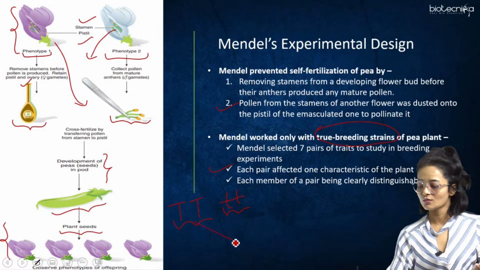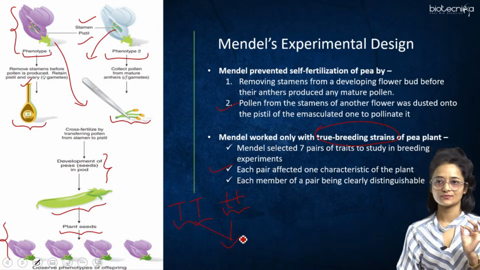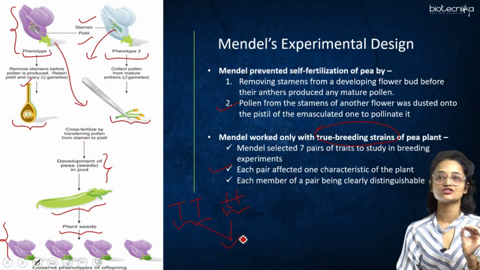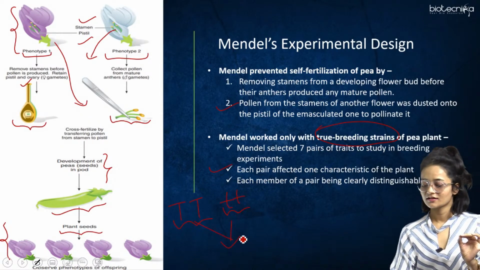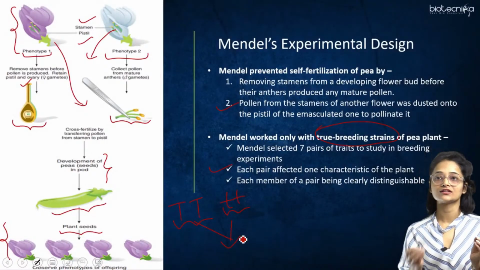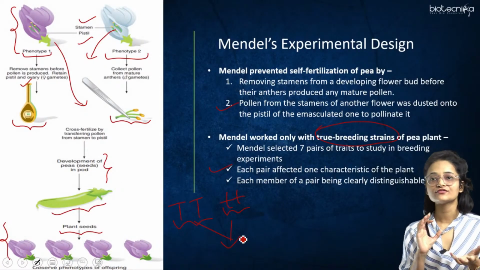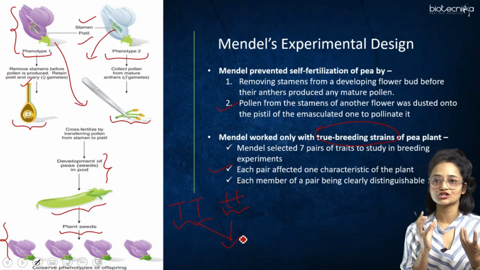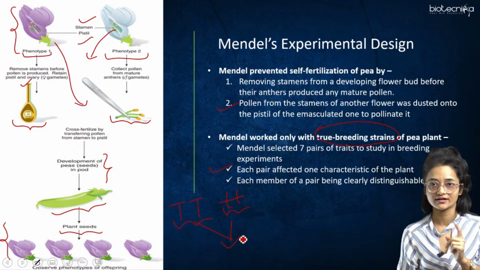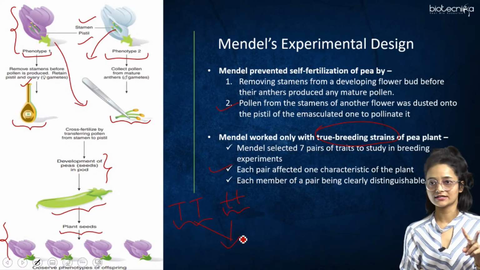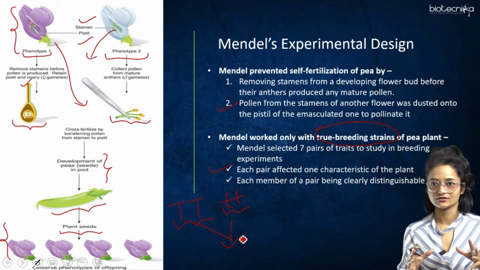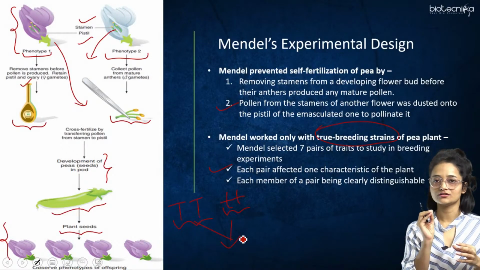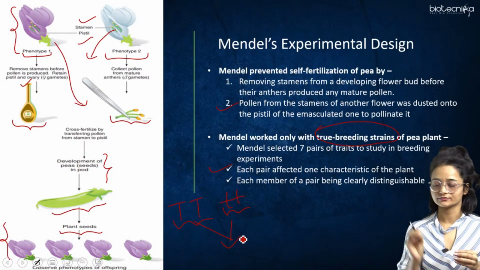The tall gene basically controlled the height, and the color gene basically controlled the seed color. So there were different genes which controlled only one particular trait, not two traits, right? Gene interaction is not taking place here. Only one gene is responsible for one character.